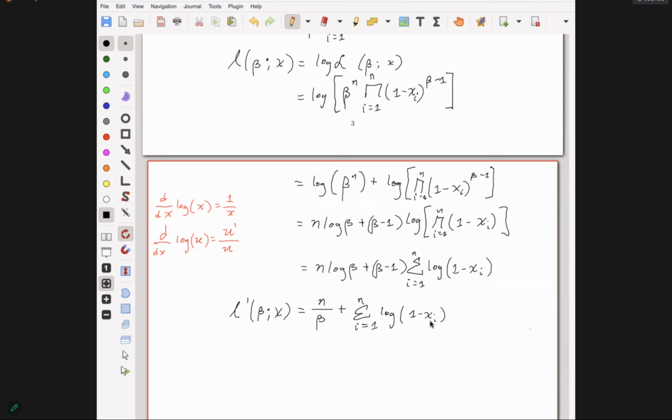Does that make sense? Because since we take the derivative with respect to beta, we just focus on the beta and ignore the rest, right? I wouldn't say we ignore the rest, but we treat the rest of it as constant. Okay. All right.